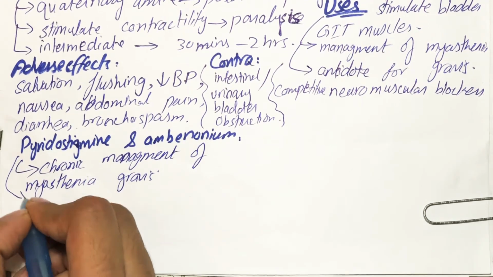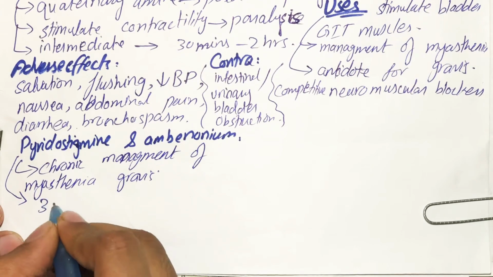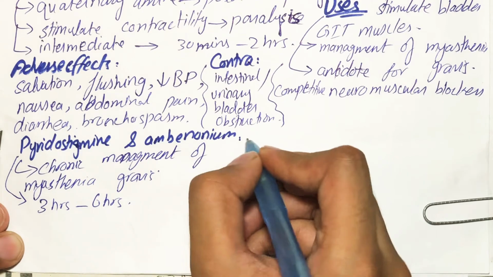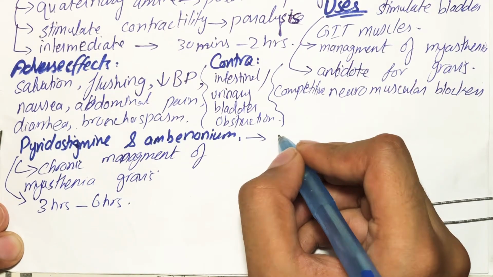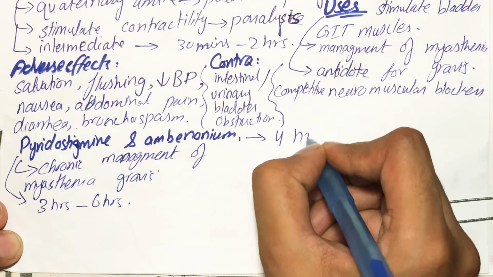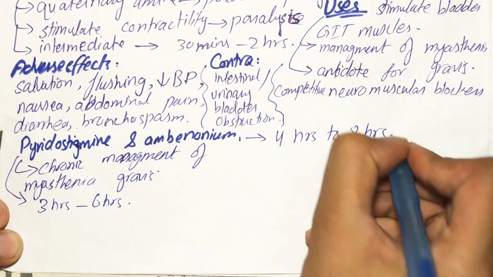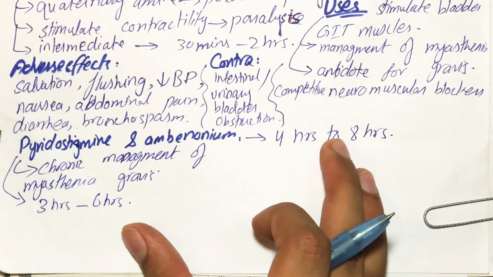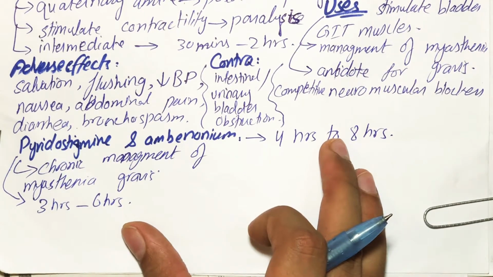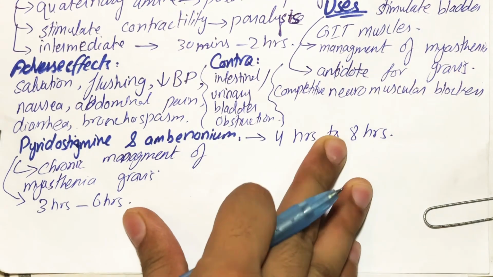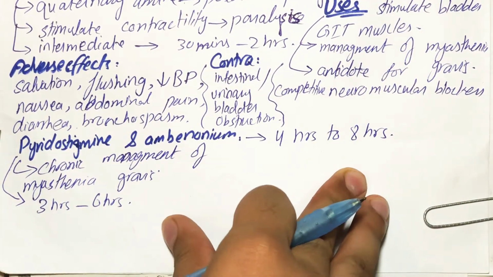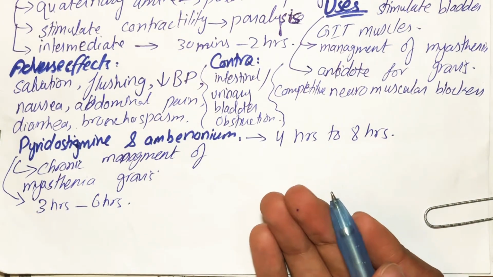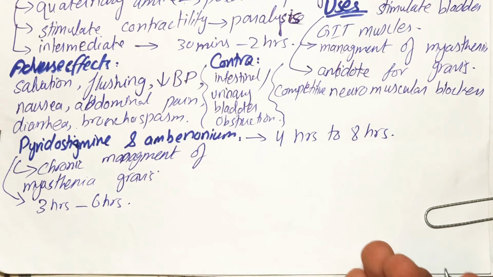Pyridostigmine has a duration of action of about 3 hours to 6 hours, whereas Ambenonium has its duration of action ranging from 4 hours to 8 hours. Both of these durations of action are longer than that of the previous agent that we have discussed, but these agents still fall in intermediate acting agents. And if we talk about the adverse effects of these agents, they are similar to that of Neostigmine.